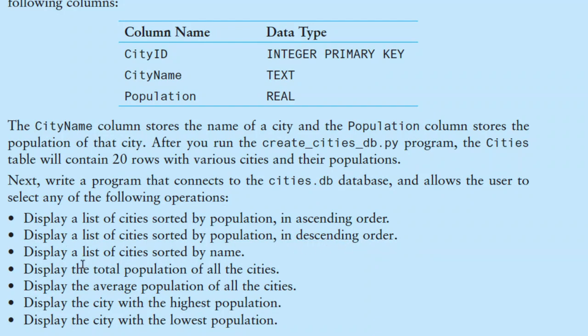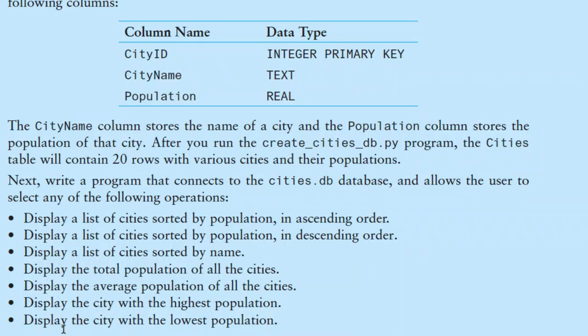The next operation is to display a list of cities sorted by name, an alphabetically sorted list of the cities. Next, we have display the total population of all the cities. Next, display the average population of all the cities. Next, display the city with the highest population, and then the last operation is to display the city with the lowest population.